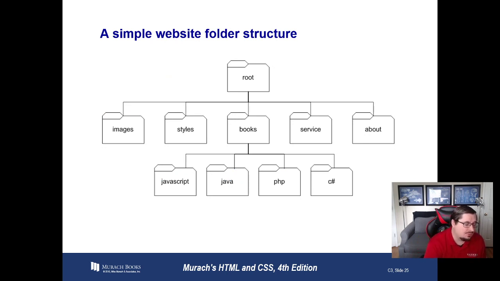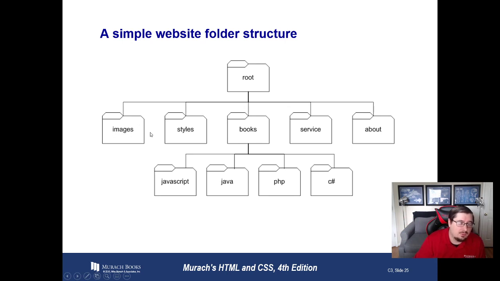So let's talk about URLs or paths. Let's talk about paths to resources. So if I'm looking at a simple folder structure, maybe not so simple, but a more real world folder structure, at least one that they have here. At the top, we have the root of the website, which we would represent with just a single slash.